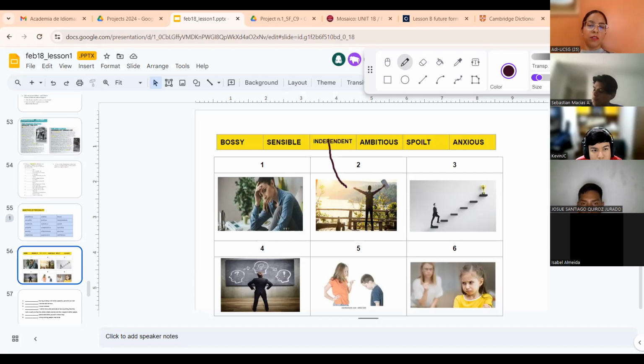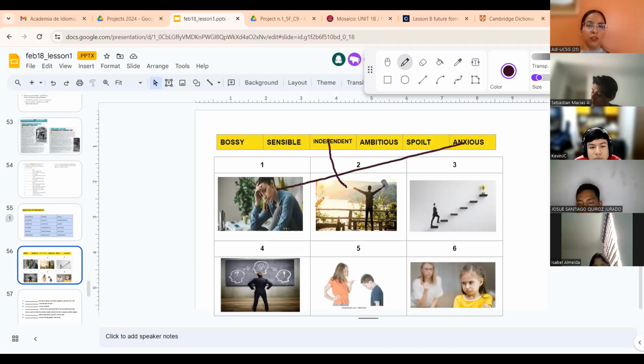Kevin, choose any. I think the first image is anxious. You said the first one? Yes. Okay, anxious, right. We are associating the words with the pictures. Good. Josué.